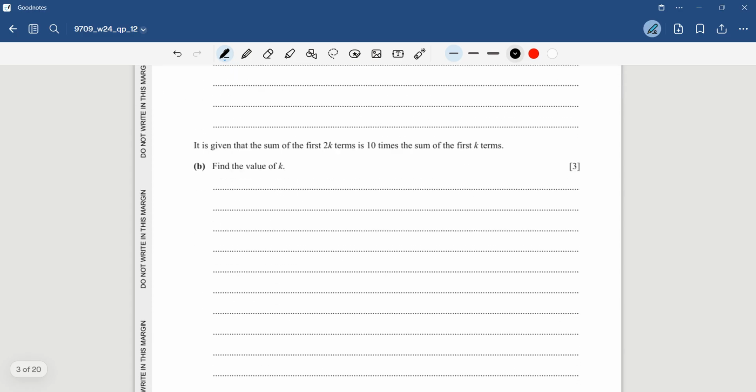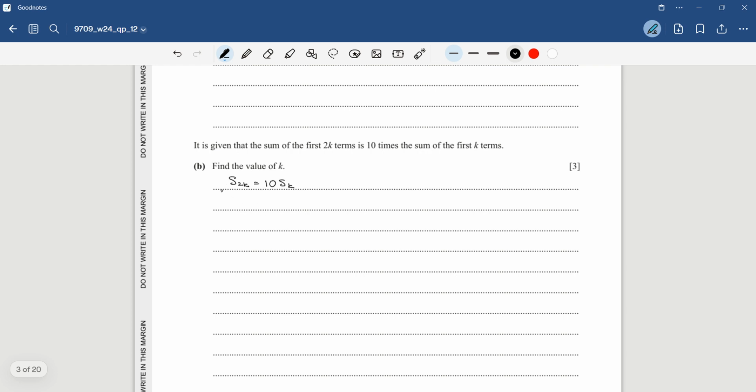And for B, it's given that the sum of the first 2k terms is 10 times the sum of the first k terms. So it means S2k is equal to 10 times Sk.